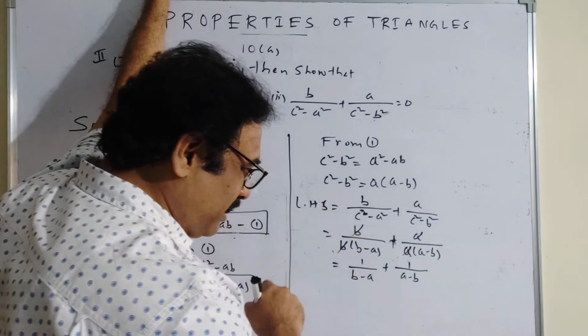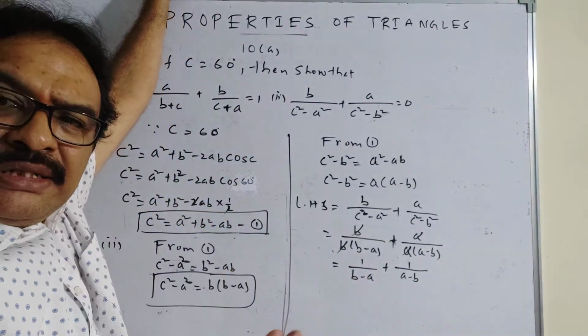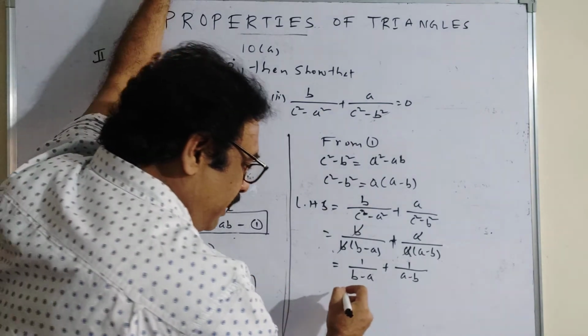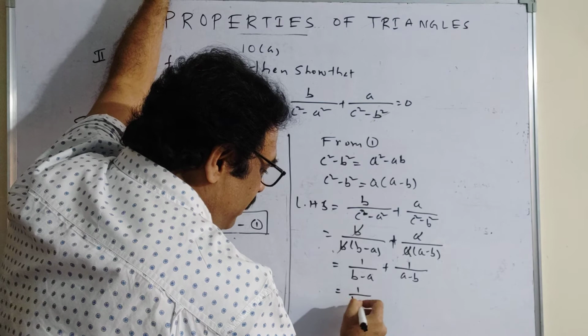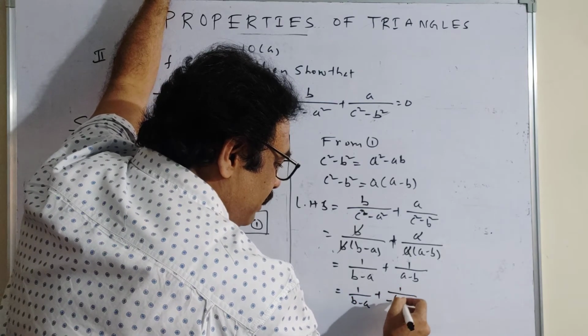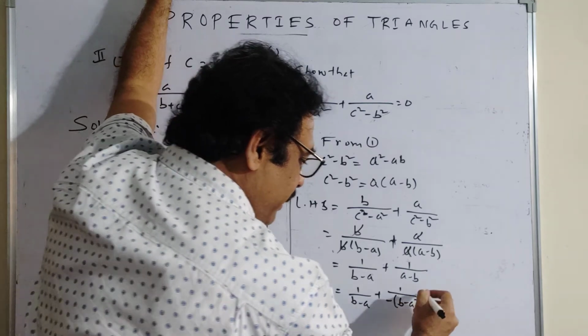As I look, the terms are similar but sign-wise both are different. What I'll do is take 1 by (b minus a) as it is, plus, taking minus out common, this will become plus b and this will become minus a.